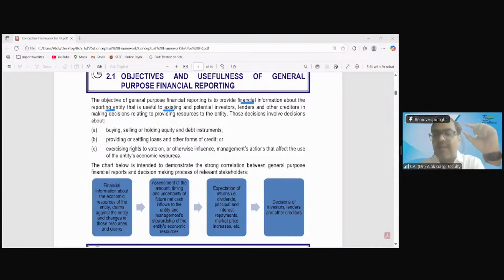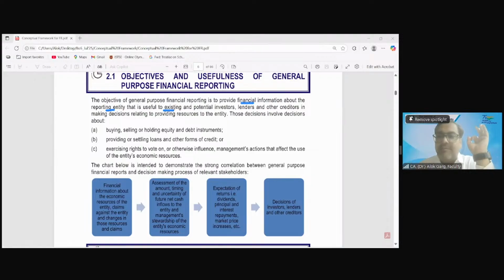And that is why this conceptual framework talks about the useful information in the financial statement, the useful financial information to the investor, lender, and other creditor.